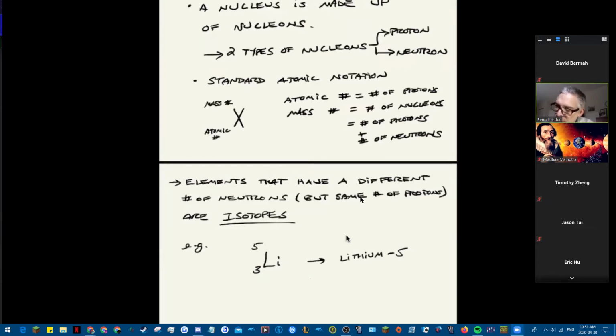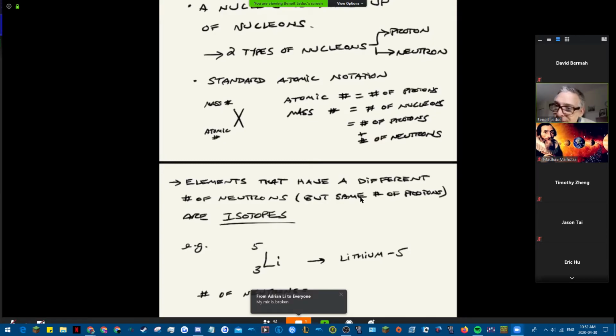Remember the formula here. If I want to find the number of neutrons in the nucleus of lithium-5, what do we do? Come on, grade 9. Give me some other people. Adrian. You remember how to find the number of neutrons? Adrian, are you there?